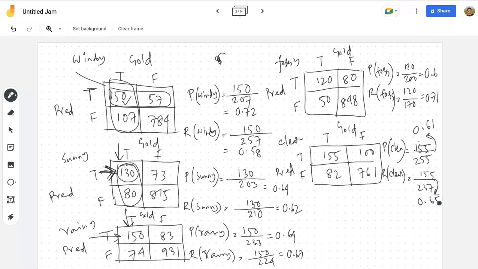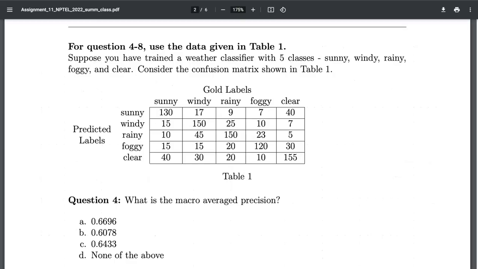Okay, now you know all the precision and recall for individual class. Now it's very easy to calculate the value.